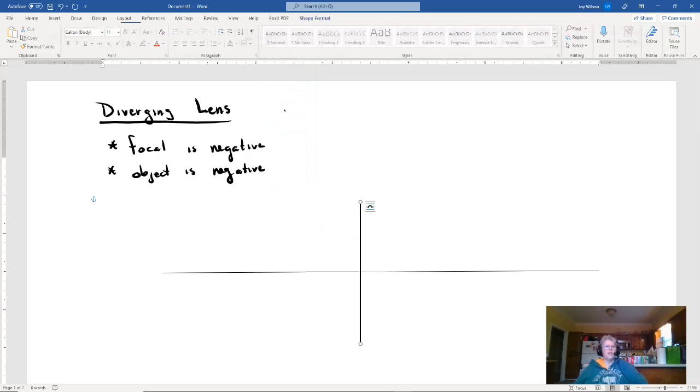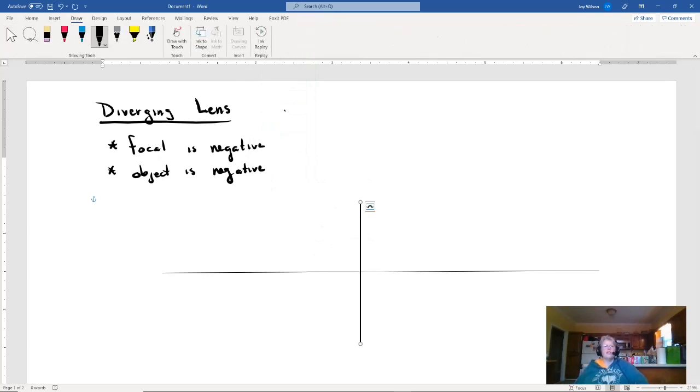There's our lens. Now, to indicate that this is a diverging lens, what they're going to do is put two little feet like this to indicate that it looks like that. So it caves in on both sides. So this is your sign that it's diverging. Or they will tell you in the problem that it's diverging.